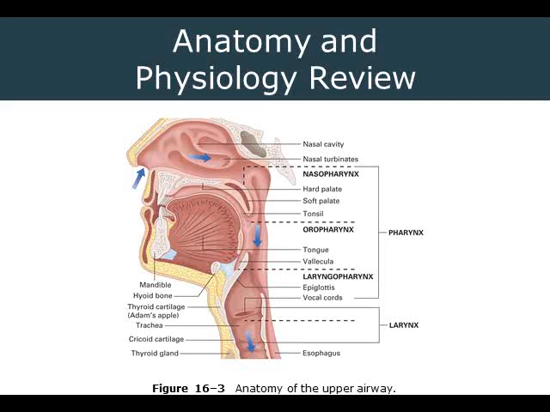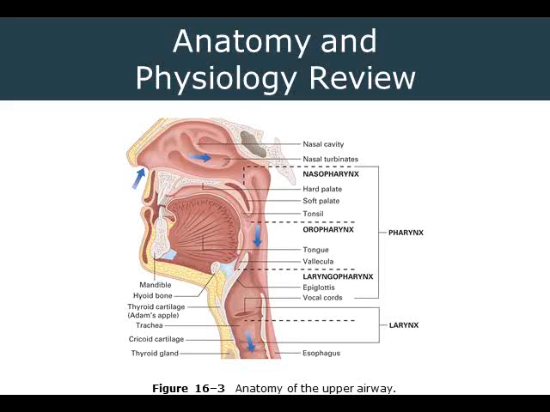There's a lot of attachment to the mandible, or the jawbone, as well as the hyoid bone, which helps to anchor the tongue. The hyoid bone is the only bone in the human body that does not articulate with any other bone. So it doesn't move back and forth with other bones. It does its own thing. It sits there all by itself, and it's the anchor of the tongue and really the epiglottis.